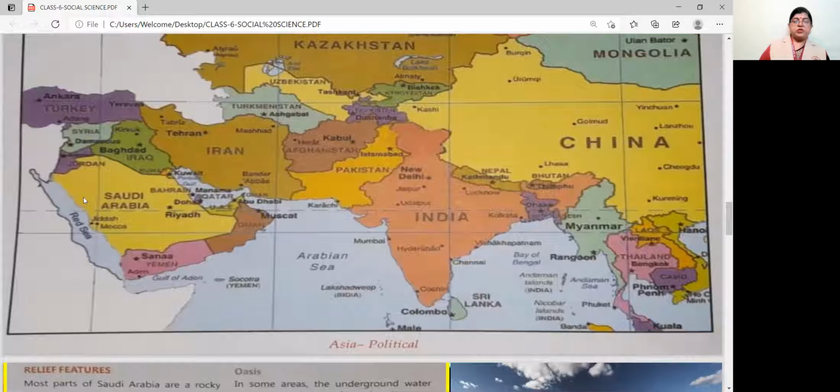Busiest port. Can you see here Jeddah? Riyadh is here. Mecca is here.